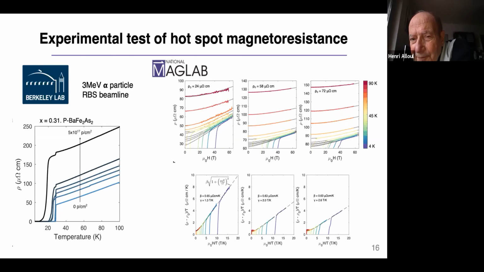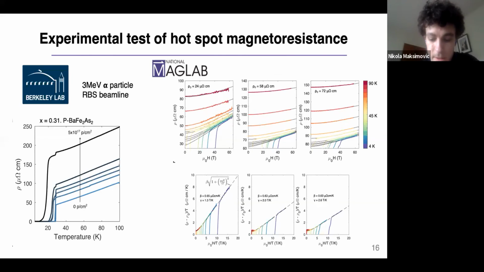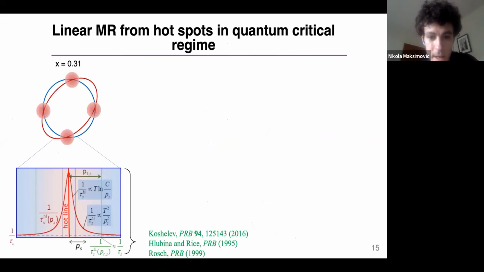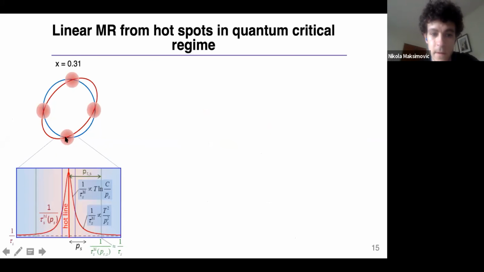Go ahead, please. Yes, this system is phosphorus-doped barium-122. Certainly, we know that it has multiple Fermi pockets. But your picture concerning which pocket, because we have the hole and the electron pocket here. Yeah. So both pockets are considered. It's basically a scattering between these pockets.